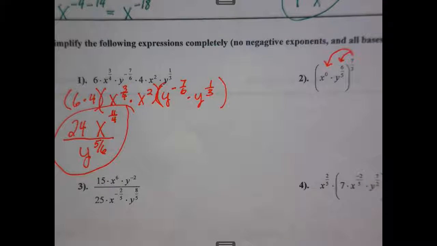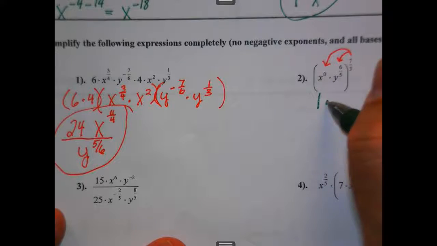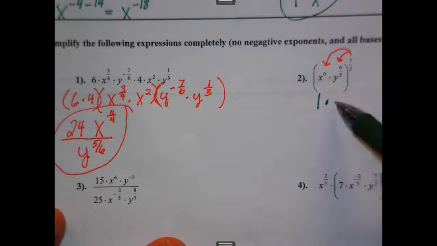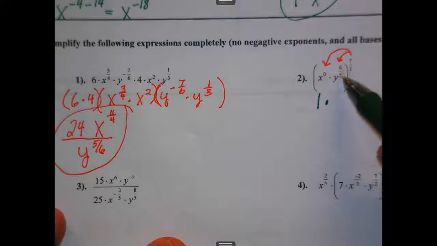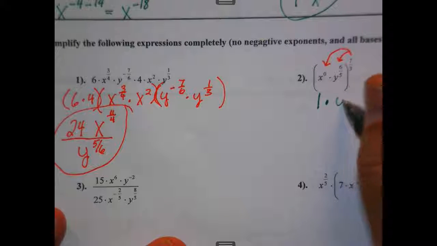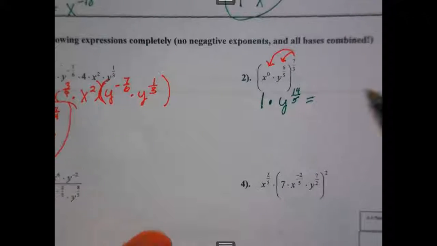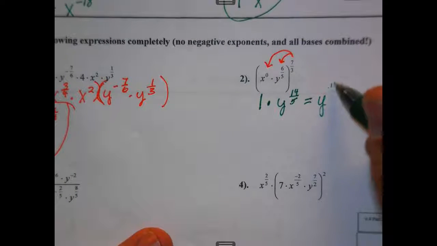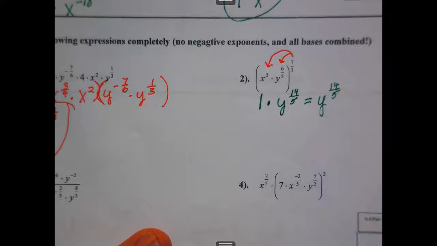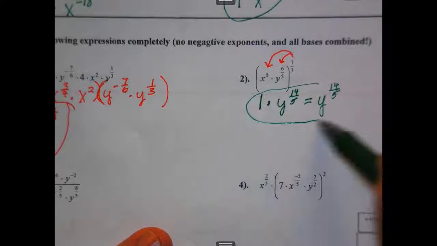We could just kind of ignore it, right? 1 times y to the 6/5 times 7/3 is 14/5, good. Y to the 14/5. You can leave it like that, either way.